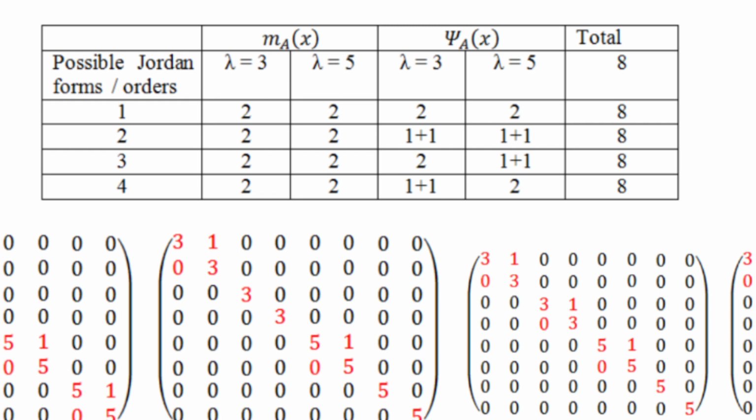You consider the order of the matrix, the characteristic polynomial, and at a time you consider the minimal polynomial also.